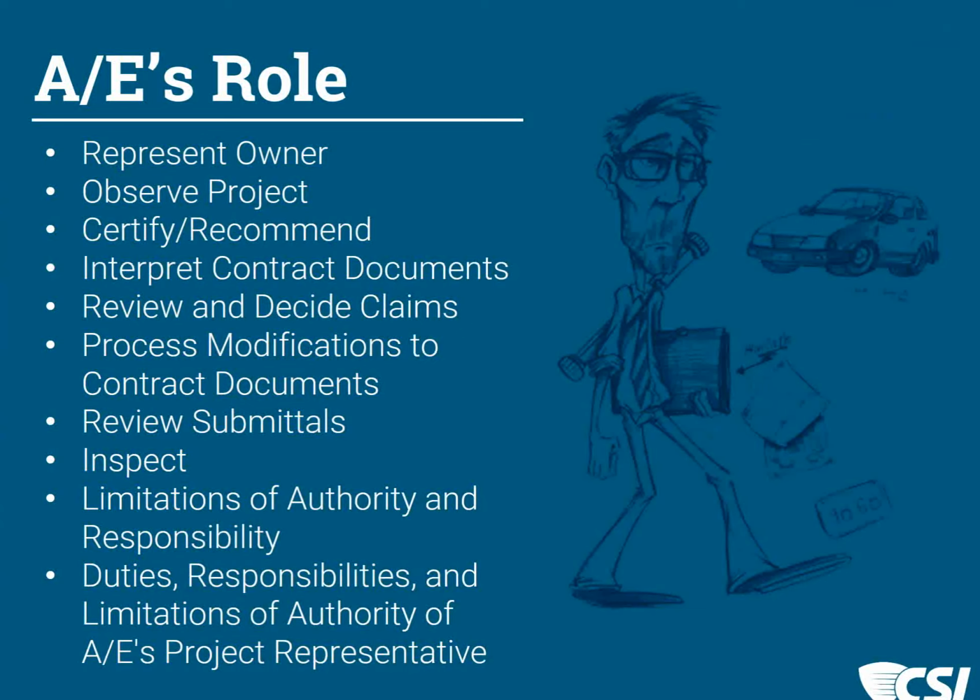Okay, great. Well, one of our primary responsibilities as the architect or engineer is to represent the owner, to keep them informed of progress on the job. We certainly are authorized to act on their behalf, as our contract documents may stipulate.